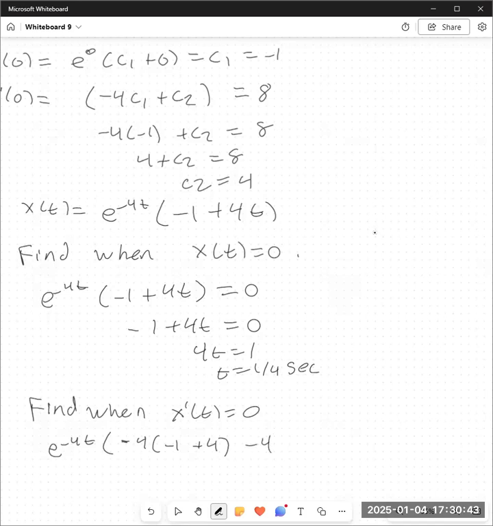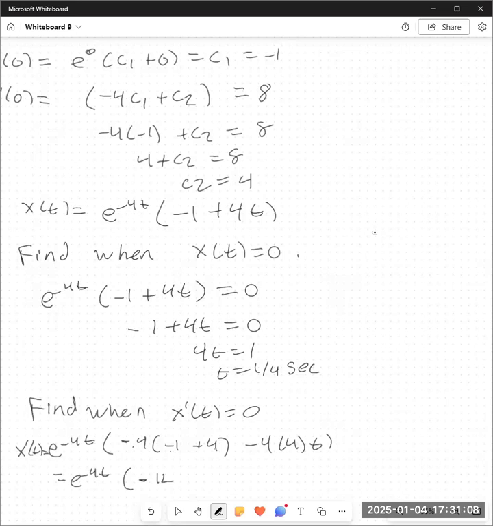Minus 4 times C2 was 4t. That is what x prime of t has to equal. And so that equals e to the negative 4t times, so 3 times -4 is -12.